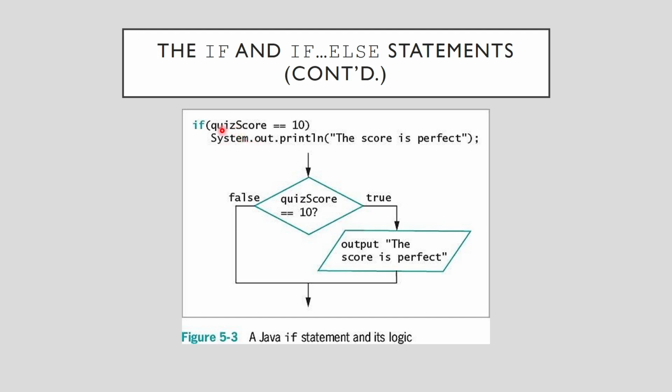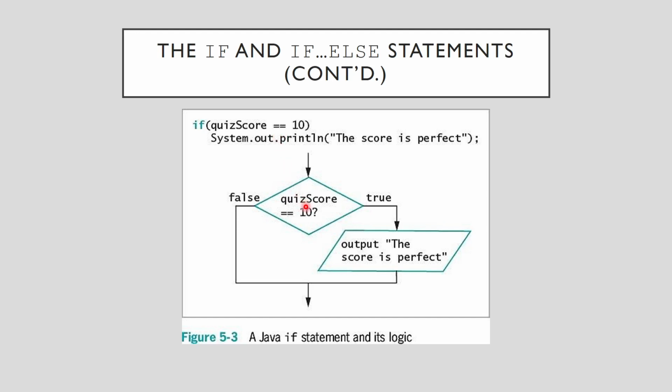Meaning, if this Boolean expression evaluates to true, the statement "the score is perfect" will be printed. Otherwise, there's no statement being printed on screen since this is a one-way decision logic. One-way decision logic means there are no other alternatives if the Boolean expression evaluates to false.